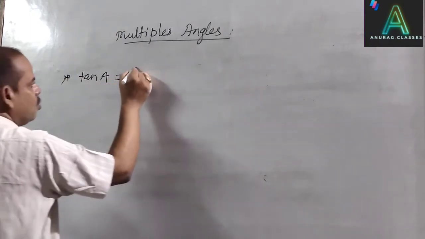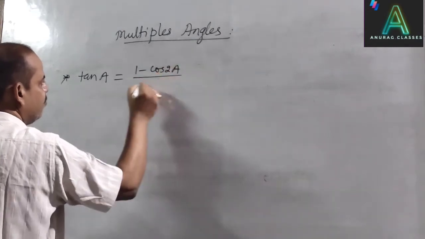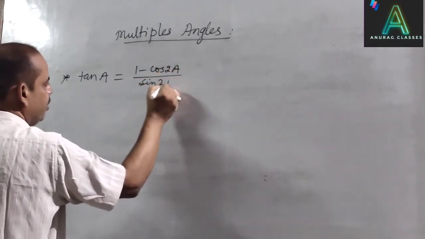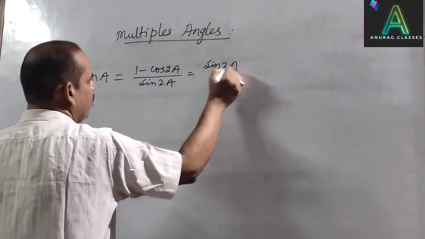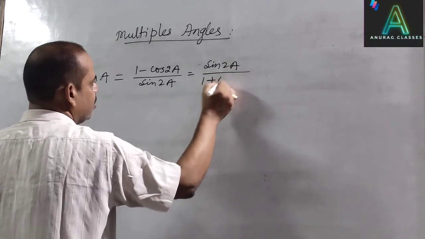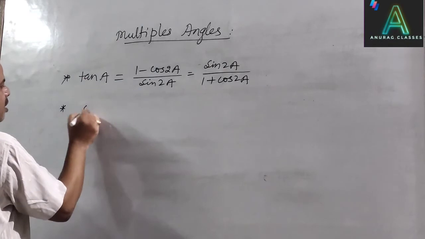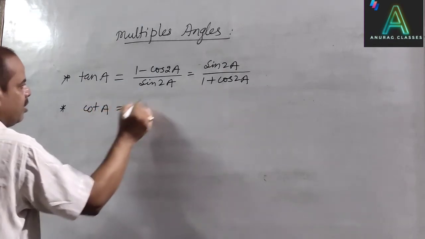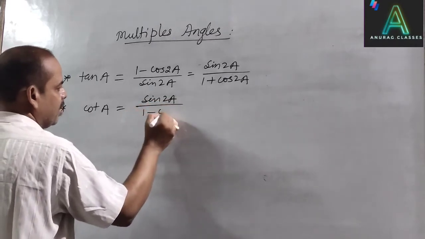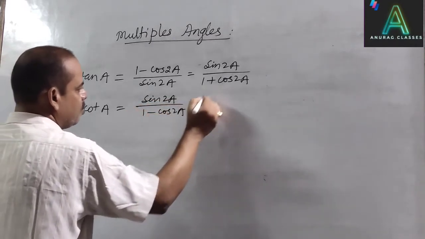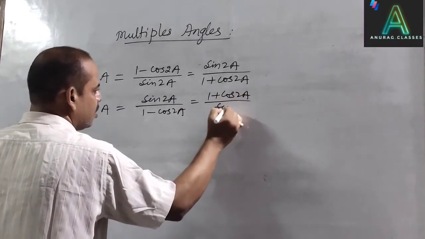Tan A is equal to 1 minus cos 2A divided by sin 2A, and sin 2A divided by 1 plus cos 2A. Another important result is cot A is equal to sin 2A by 1 minus cos 2A is equal to 1 plus cos 2A by sin 2A.